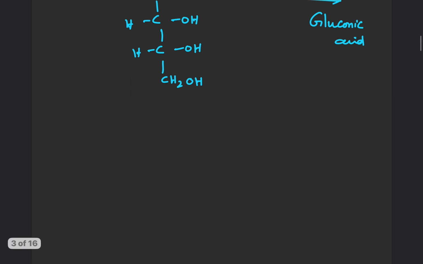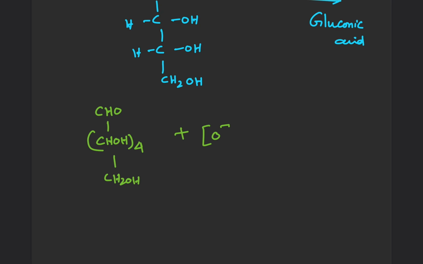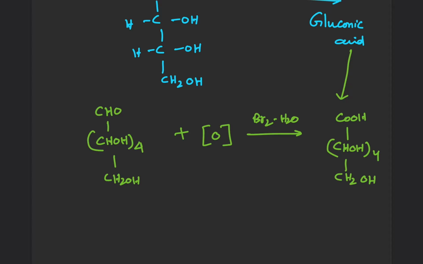So we can represent this as CHO, CHOH 4, CH2OH plus the nascent oxygen provided by the oxidizing agent Br2 H2O, and ultimately we'll be getting gluconic acid, which is COOH, CHOH 4 and CH2OH, right? So we can clearly see B is also not the correct option, because again it is a monocarboxylic acid, it has only one COOH group.